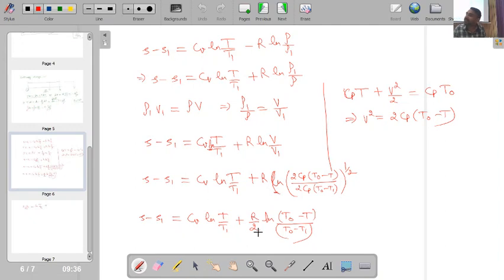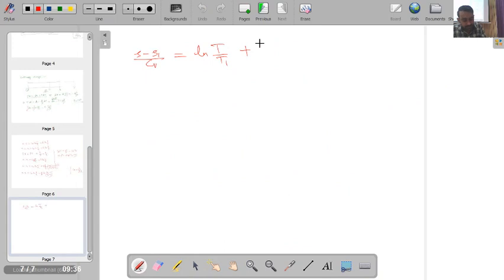In place of Cv I can write R by gamma minus 1, because what is Cv? Initially we derived it as R by gamma minus 1. So R will cancel, and I will get gamma minus 1 by 2 into ln of T naught minus T divided by T naught minus T1.